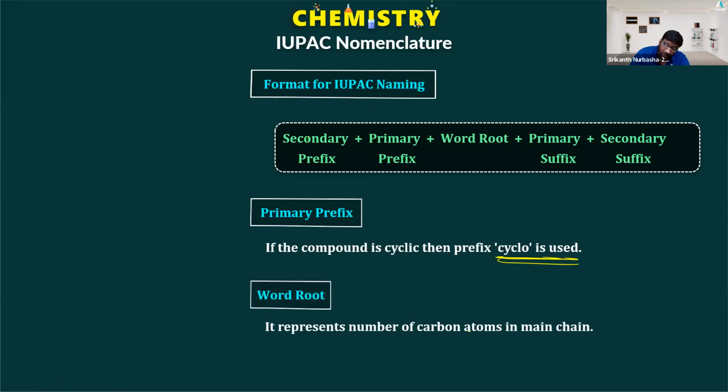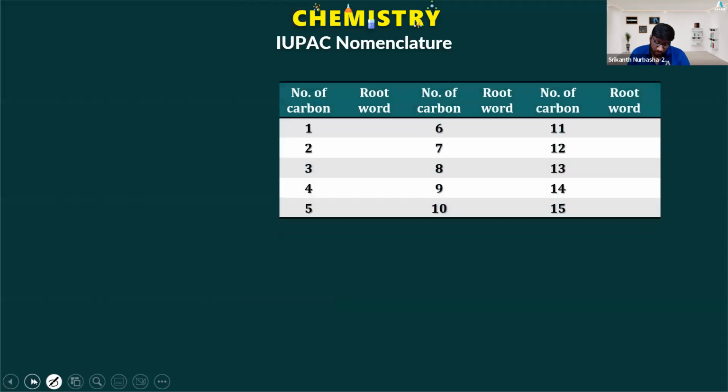Word root gives the representation regarding the number of carbon atoms in the main chain. How many carbon atoms are there in the main chain? That will be given by the root word. If you have one carbon atom, what is the root word?